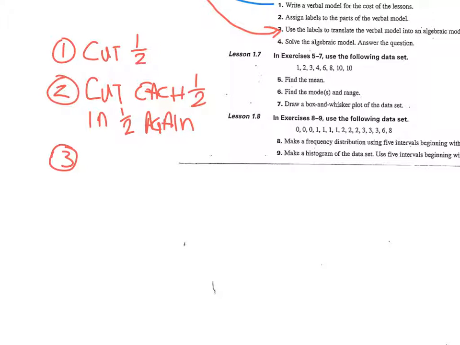And then the third step is, once you got your halves and your numbers, you're going to do that with the data. Then you can draw your box.